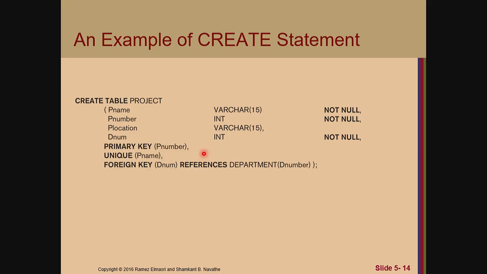Super key, and then we try to identify the candidate key. After it becomes a candidate key, we select one of them to be the key, the primary key. The other ones become secondary keys. If you can imagine the concept of that, it's no problem for you. If you are still confused, please review.